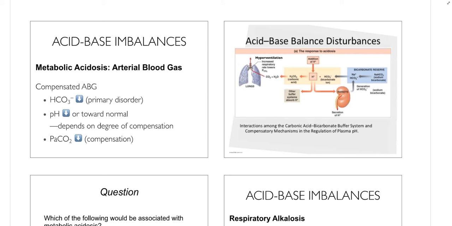It'll be partially compensated if it's below 7.35. Bicarb is still going to be low because we're talking about a metabolic acidosis problem. But CO2 is going to be low because the patient's going to be hyperventilating, trying to blow off all of that CO2 to compensate for the increase in metabolic acid.